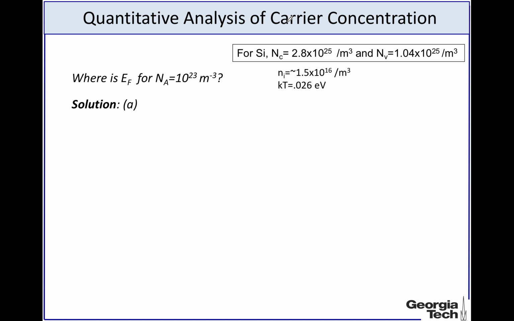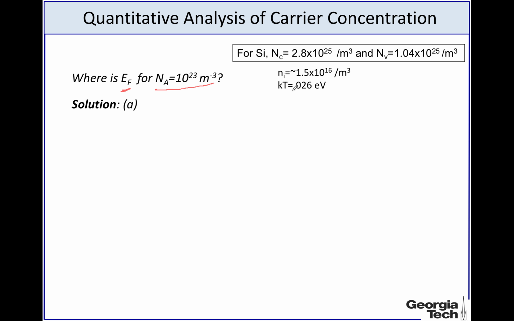So here you are given the density of acceptors in a semiconductor. So basically this material is doped with an acceptor, so this is a p-type material, and what you're asked to do is to calculate the Fermi level with respect to Ec and Ev.